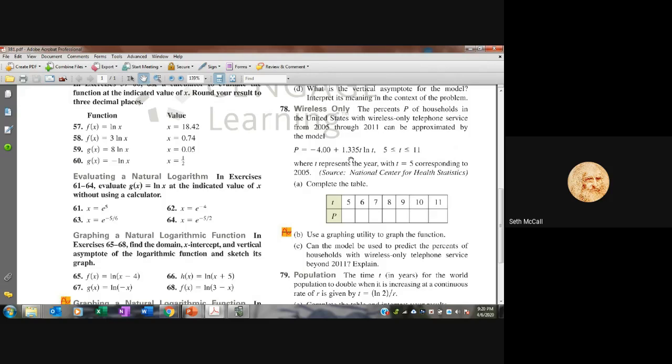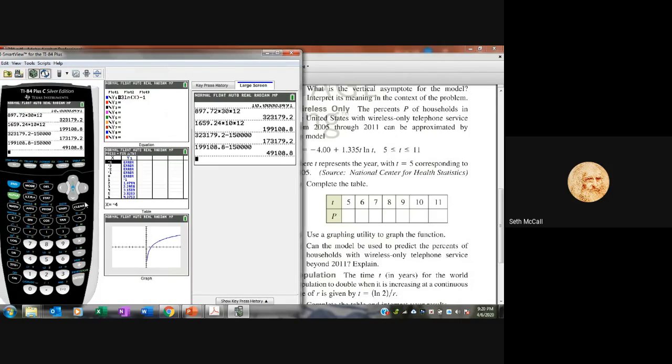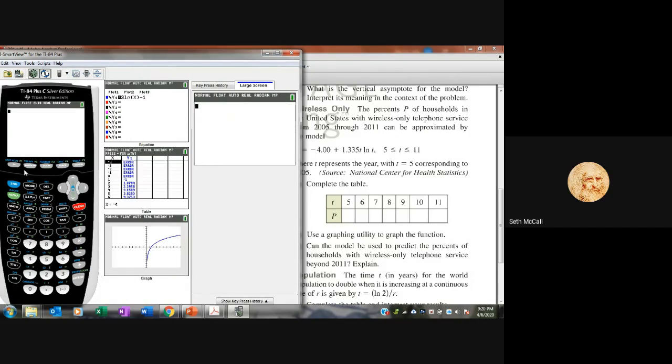T corresponds to a year, and T being 5 corresponds to 2005. And they want you to complete the table. Now, as I've shown you earlier in the year, anytime you have a table, the easiest way to complete that table is to use the table function in your graphing calculator.